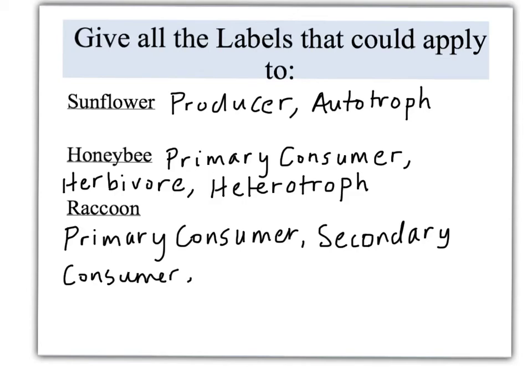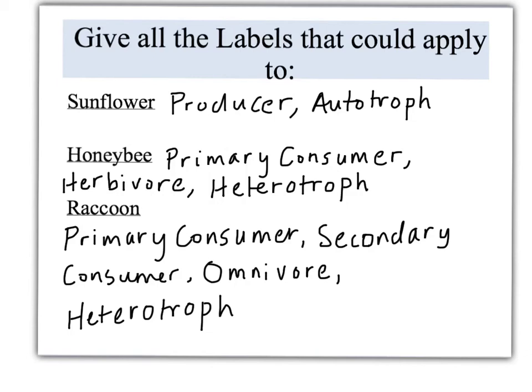It could be an omnivore because it's eating both plants and animals. And we can also call it a heterotroph because it cannot make its own food. It has to eat other organisms in order to get energy. So there you can see a little bit better the complexities of all these vocab words and where they overlap.